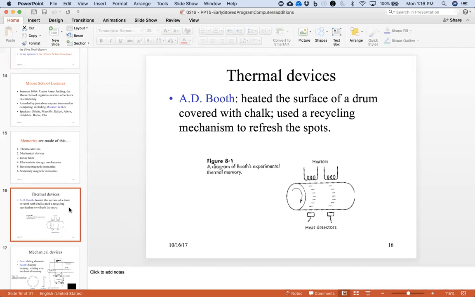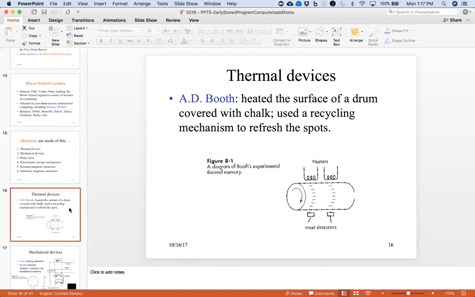And if heat is detected, then it sends a signal saying that it saw a 1 or a 0 there. It basically heats the surface of a drum covered with chalk, and after it has done something with that storage unit, it recycles the drum and refreshes all the spots. So this can be used for very short-term storage.